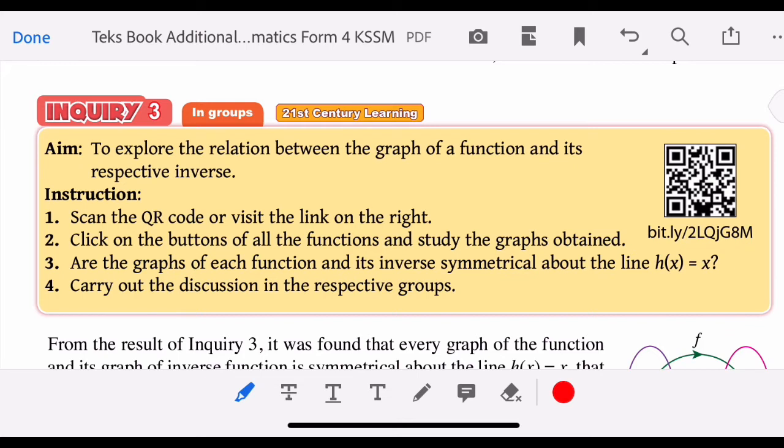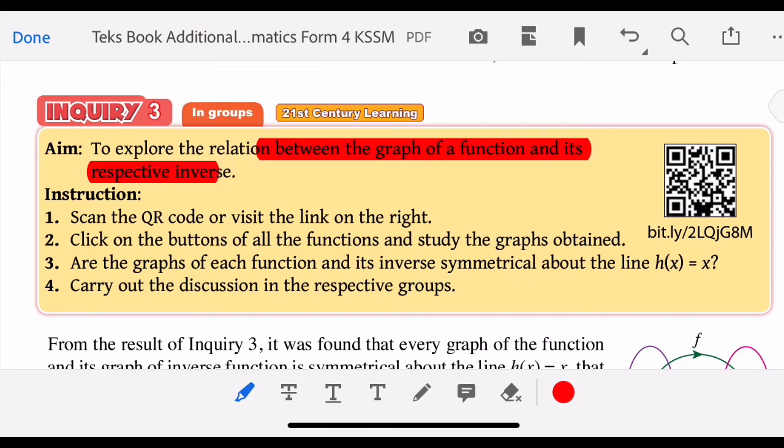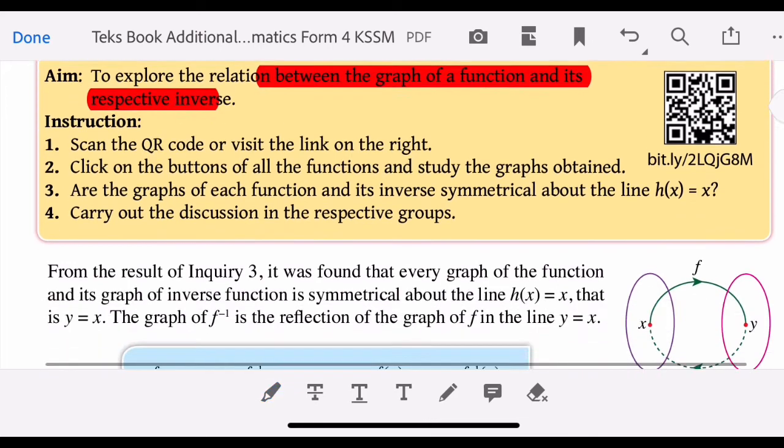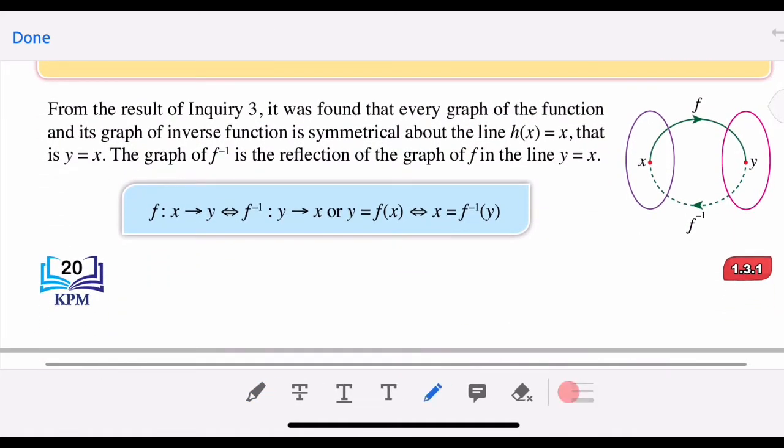In the video that I discussed just now, we discussed the relation between the graph of a function and its respective inverse. This is very important.